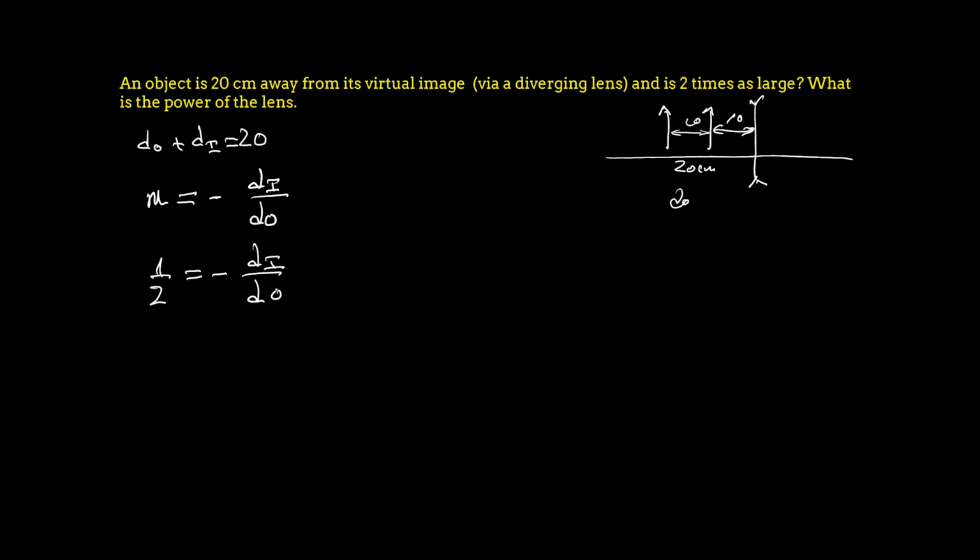So now dI is, again, negative dO over 2. Okay?